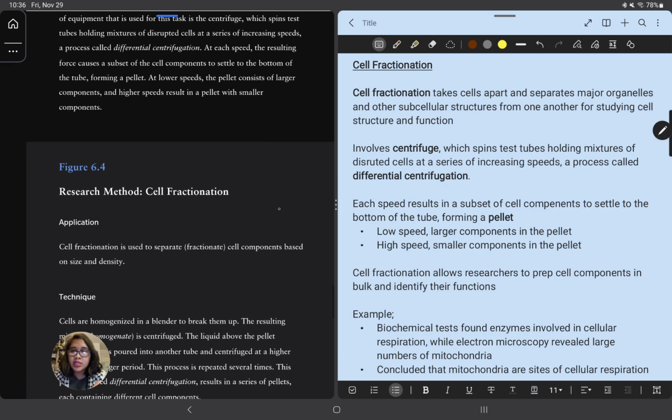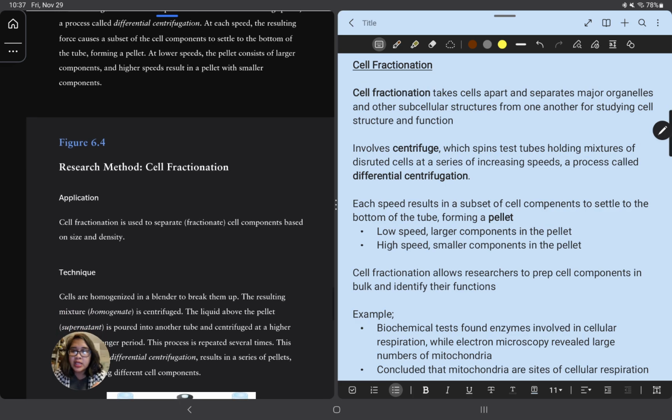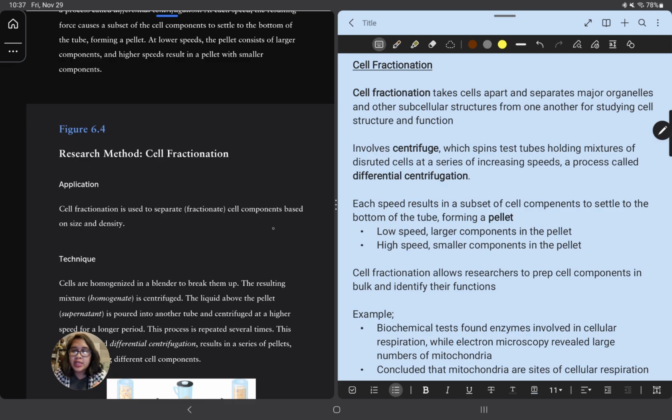At each speed, the resulting force causes a subset of cell components to settle to the bottom of the tube, forming a pellet. At lower speeds, the pellet consists of larger components, and at higher speeds, it results in a pellet with smaller components. Okay, so I'm just gonna draw for you what a centrifuge looks like.